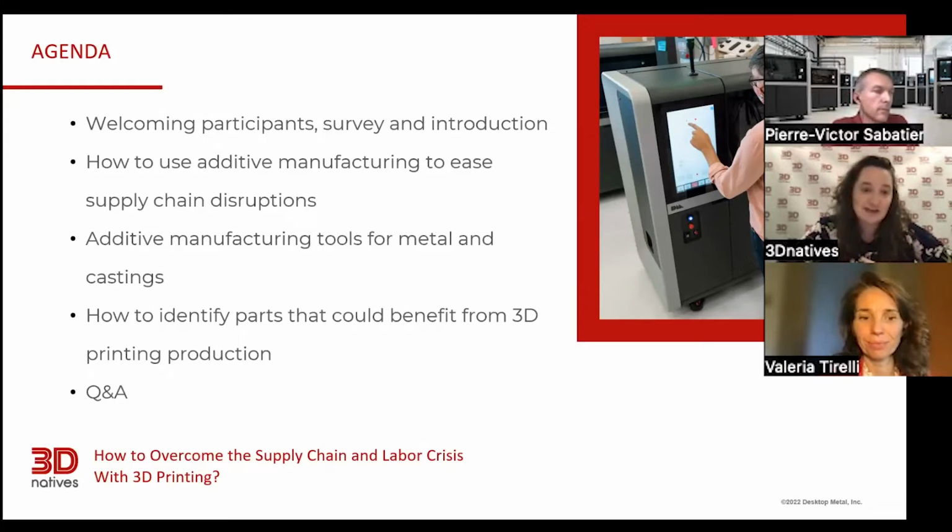After that, we'll be moving straight into how you can use additive manufacturing to ease supply chain disruptions, additive manufacturing tools for metal and casings, as well as how to identify parts that could benefit from 3D printing production. There will be a Q&A portion in the last 15 minutes of the webinar. We encourage you to participate.